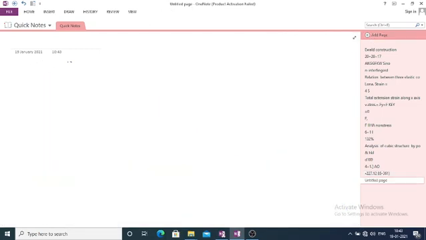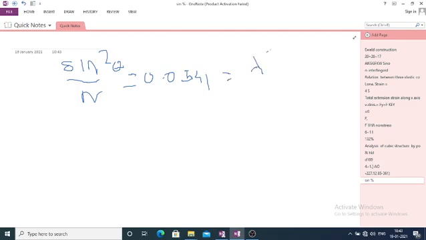See here, sin square theta upon n is equal to 0.0541. So this is equal to lambda square upon 4a square.